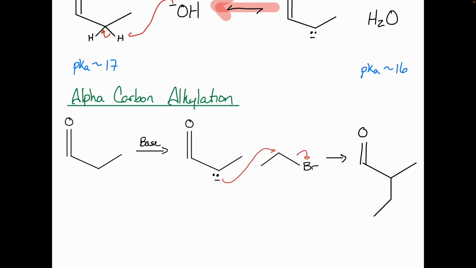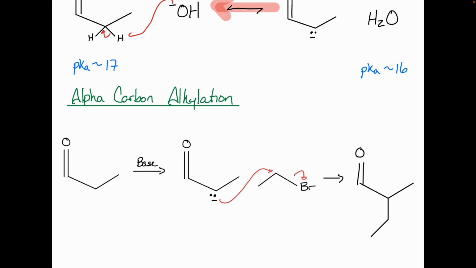Okay, now importantly, how am I going to prevent this from just reacting with itself, right? Our choice of base we have to be really clever for. If we use too weak of a base, all we're going to get is that aldol addition product, where this aldehyde is just reacting with itself.